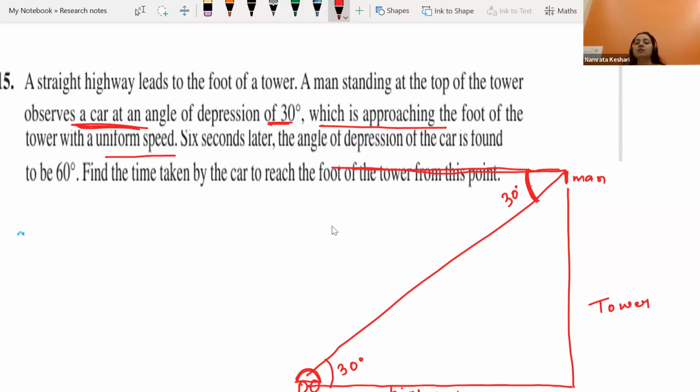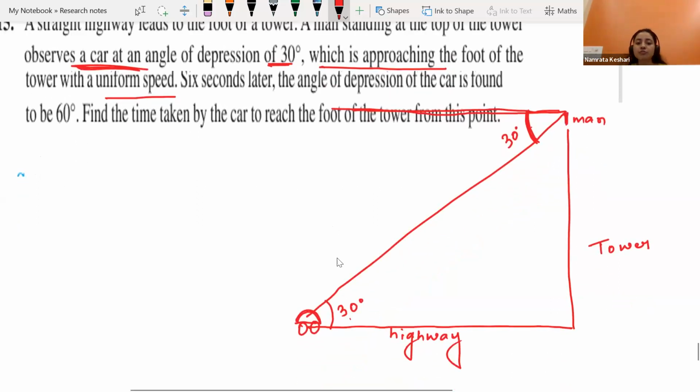Uniform speed means the same speed; the speed is not changing throughout the journey. So the car is approaching the foot of the tower.